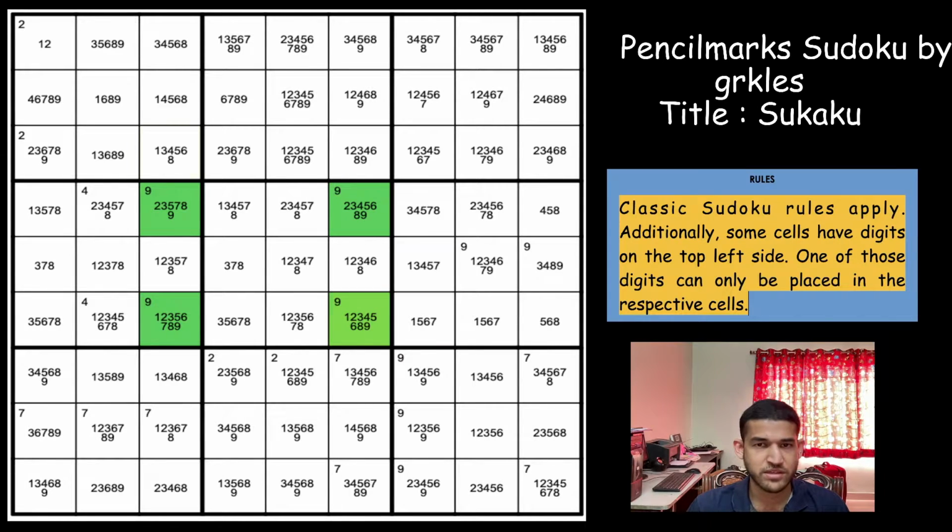So this is an X-wing, or in simple words, you can just see where the 9 goes in this box. So 9 goes in one of these two cells, which means I can eliminate the 9 from here and the 9 from here. And similarly, in column 3, okay, I've already made that elimination. So let me remove these colors now.